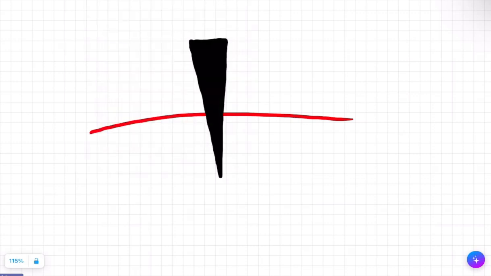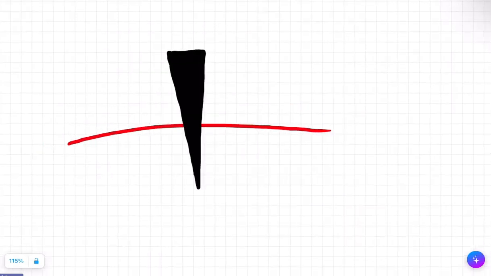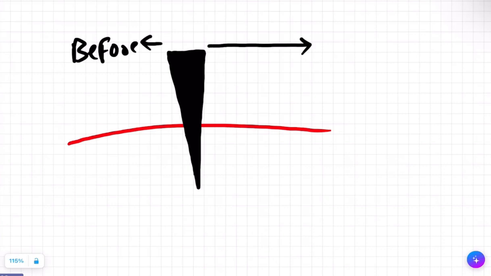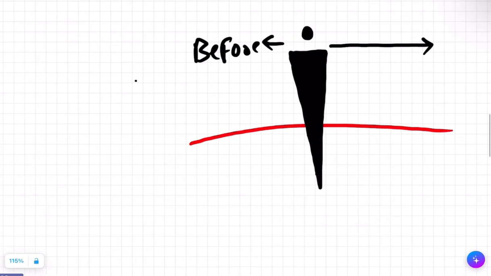For example, this subclavian artery coming from the arch of aorta is divided into three parts: a part which is present before the muscle, a part which is present after the muscle, and a part which is present posterior to the muscle. The part before is known as the prescalenius part.